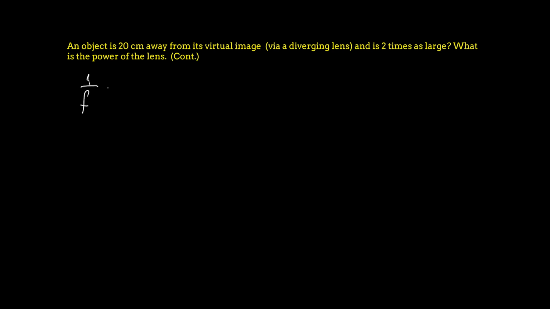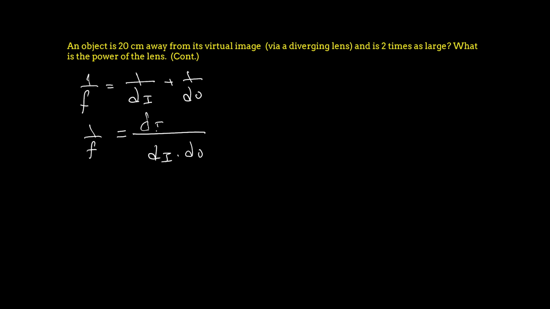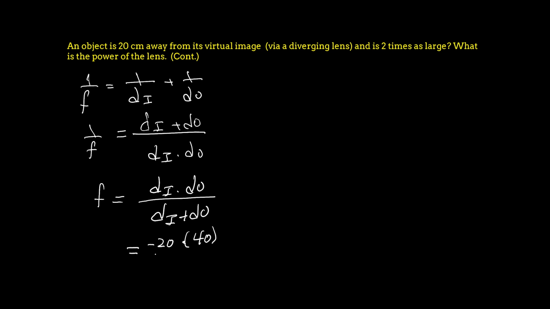So 1 over F is 1 over dI plus 1 over dO. So F is dI times dO over dI plus dO. Flip both. Let's plug the numbers in. dI was negative 20 times dO, which is 40, over negative 20 plus 40.